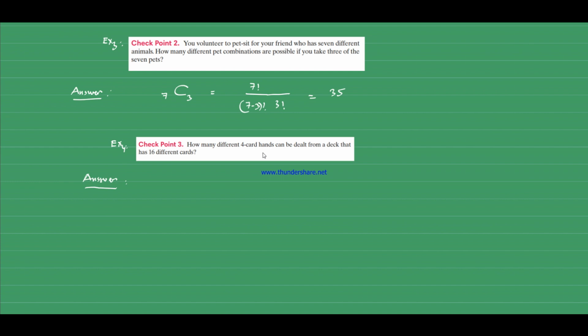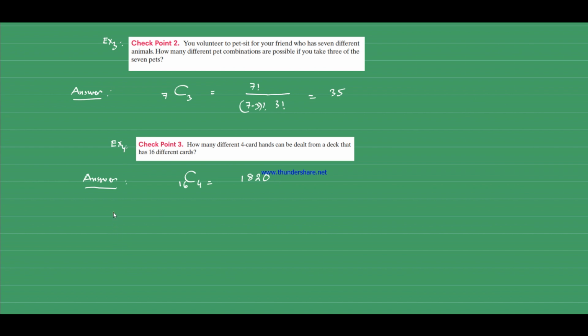Right, 4-card hand from 16 cards, so you have C16 4. You put it into the calculator, and you have 1820. So there are totally 1820 different ways to pick 4 cards out of 16 cards.